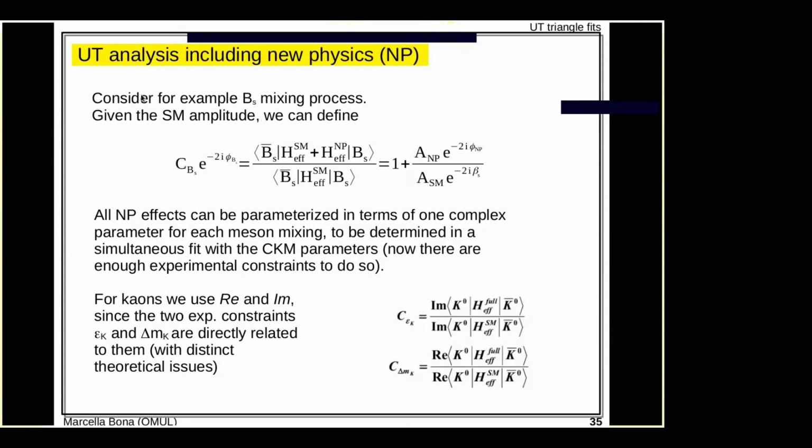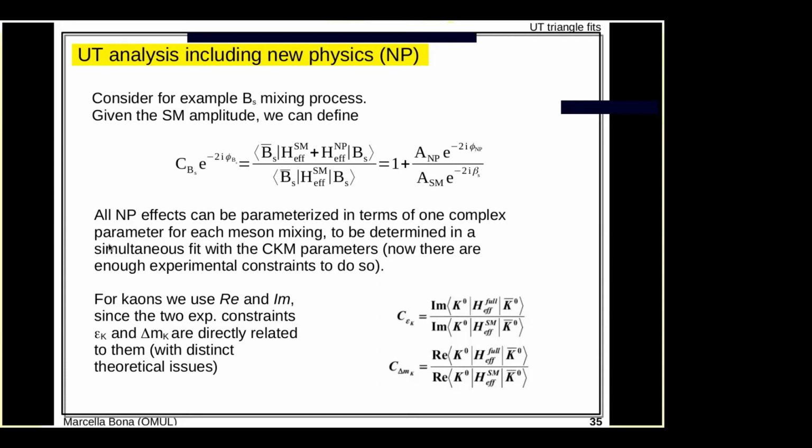Now, what we can also do is an analysis adding extra degrees of freedom to our fit in order to account for possible very generic new physics. You can parameterize this generic new physics like this. You might imagine having a coefficient and a phase that can contribute.